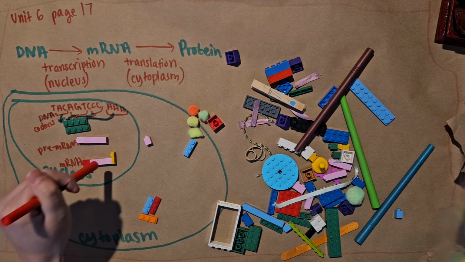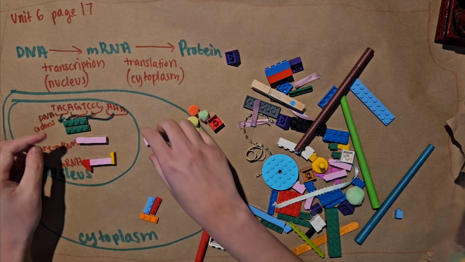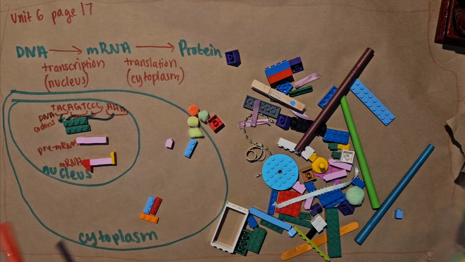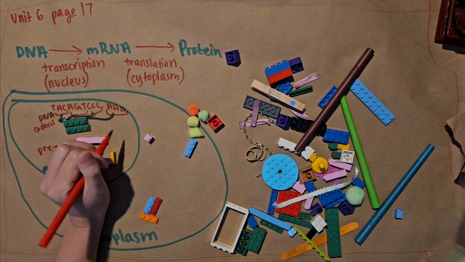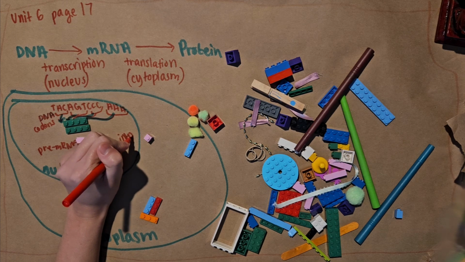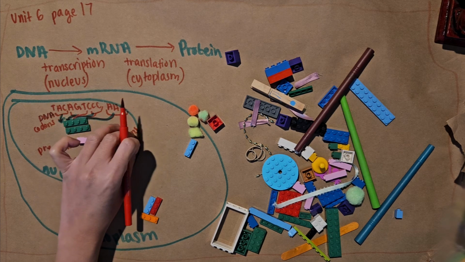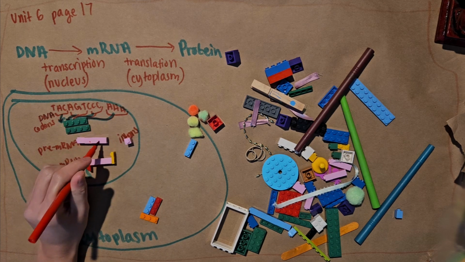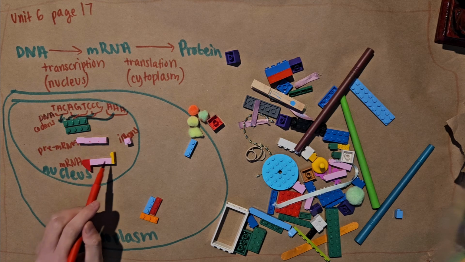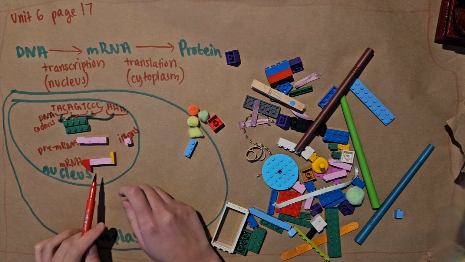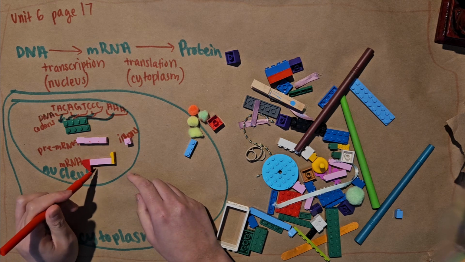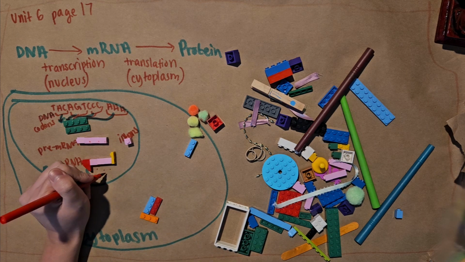When it undergoes processing, what happens is that introns stay in the nucleus. So introns, like this one, will stay in the nucleus. We have 1, 2, 3, 4, but we only need 1, 2, 3 codons. Introns stay in the nucleus. And exons, which are these, 1, 2, 3, will exit the nucleus.